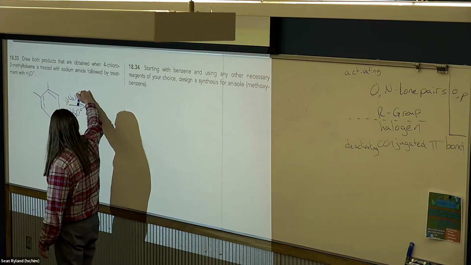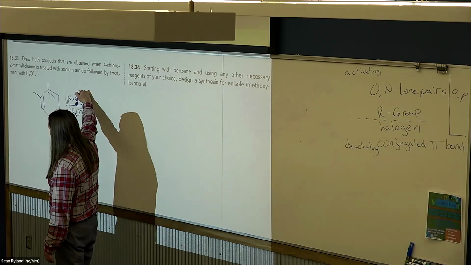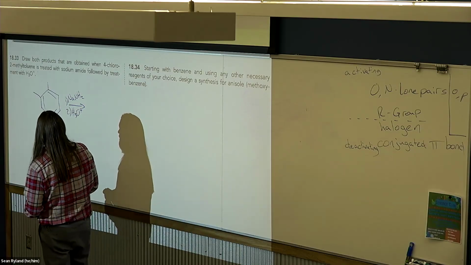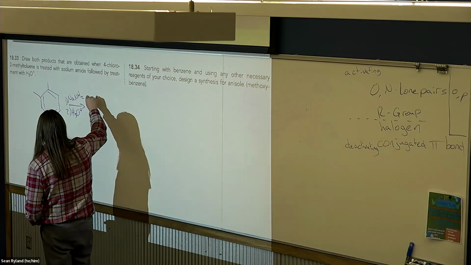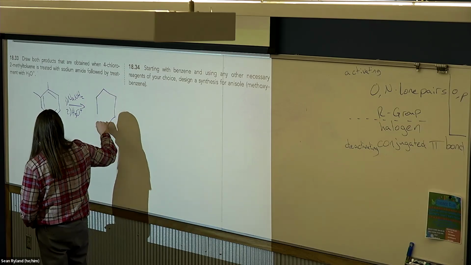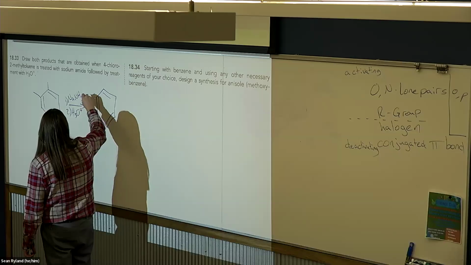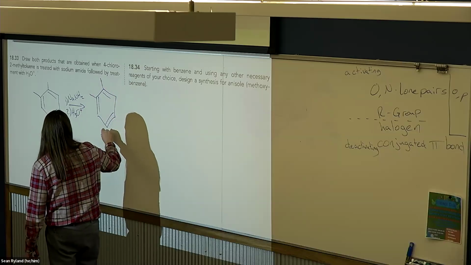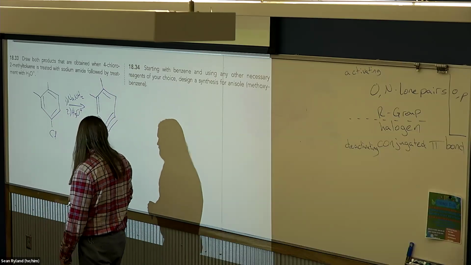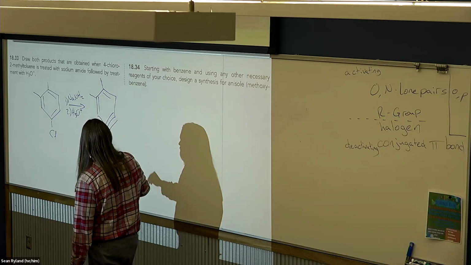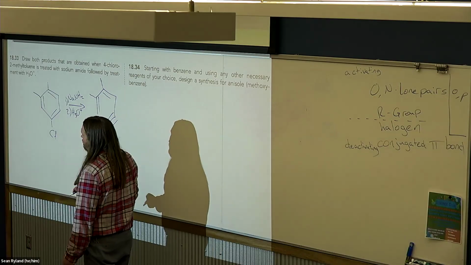We have strong base and a good leaving group. So we do the elimination first to make the benzyne. We can just skip straight to that.